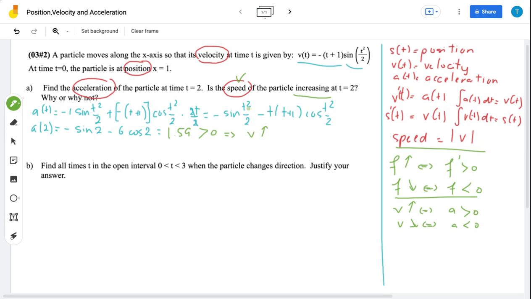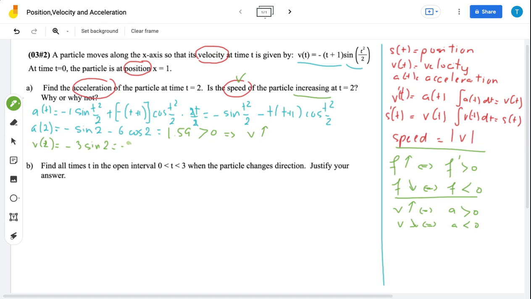But velocity increasing doesn't mean speed increasing, because we can take a look at v of 2. At that moment, what is the value of v of 2? We substitute 2 in here, so we have negative 3 sine of 2, which is negative 2.73.